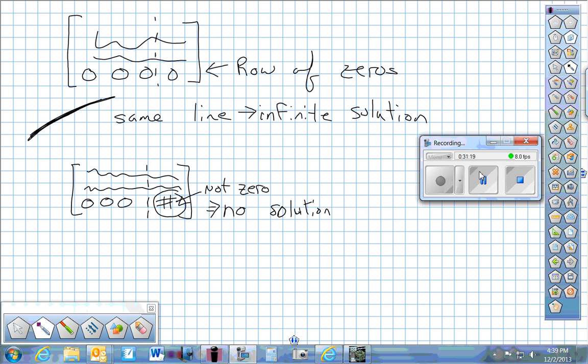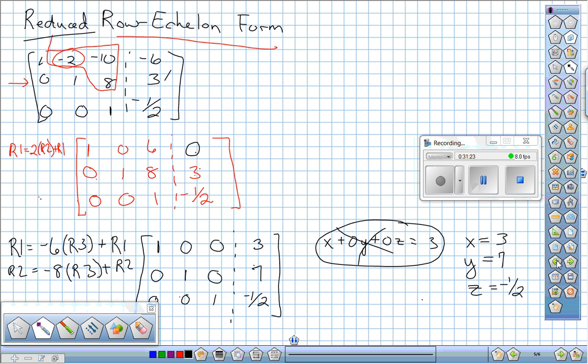And if I do have something that's infinite solutions, what I'm going to do is write out these equations. So remember how we could write this out as x minus 2y minus 10z equals negative 6. I'm still going to solve for an ordered triple, my x, y, z triple, no longer a pair, and I still have a habit of calling it a pair. I'll try to remember to call it a triple. What I'm actually going to do is solve each thing for x or y respectively.